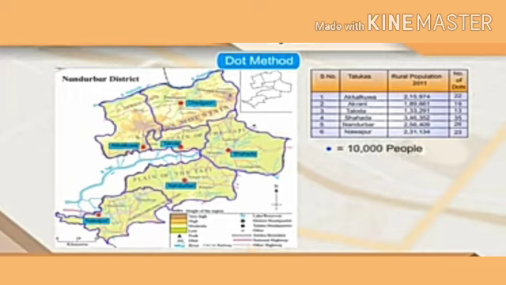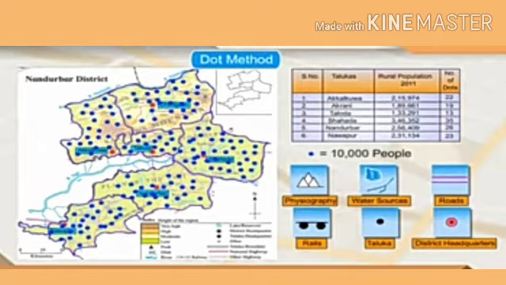Here the talukas Akkalkuwa, Akrani, Taloda, Shahada, Nandurbar and Nawapur are given. Friends, to draw the dots of uniform size, take a ball pen refill. Close the end of the refill with cotton. Press the end on a stamp pad and draw the imprints of the dots wherever required.